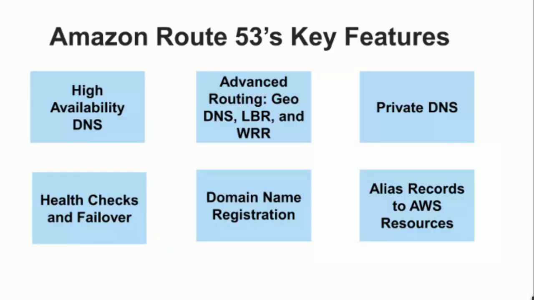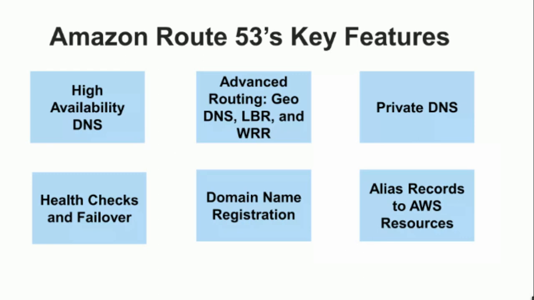Now, what are the key features? These are the key features for why we should use Route 53 as a DNS authority provider: high availability, advanced routing, geo DNS, latency based routing and weight based routing.